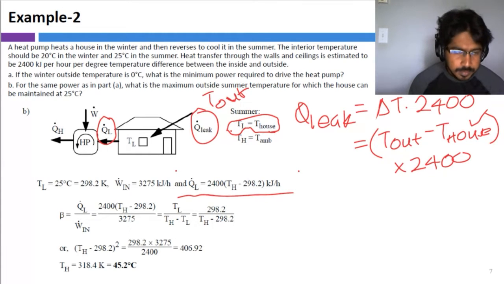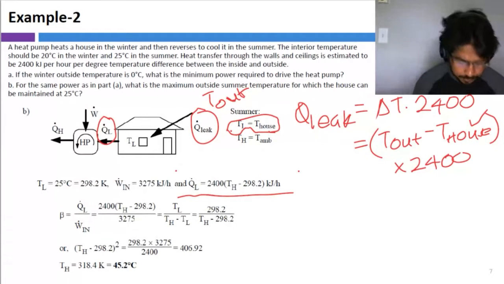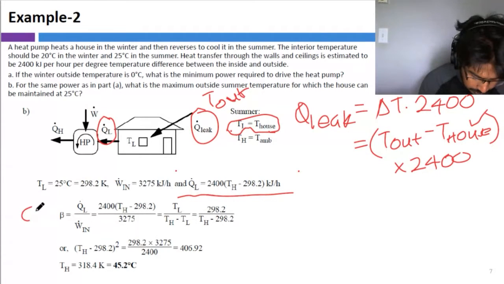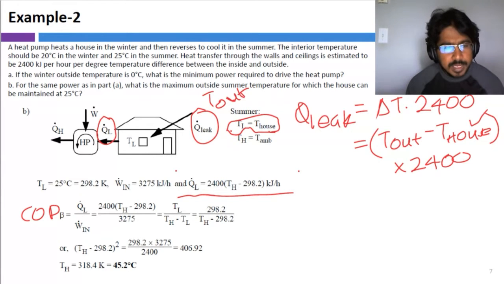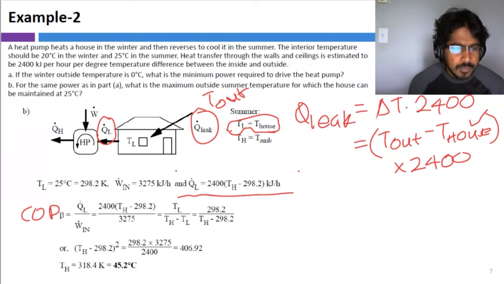Perfect. Now, again, from the COP equation, we know that the COP can be defined by the useful or desired output. In this case, the cooling effect is the desired output, right? Therefore, we can pick QL divided by the work input W in, right?